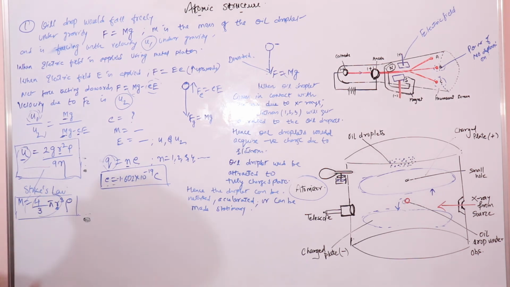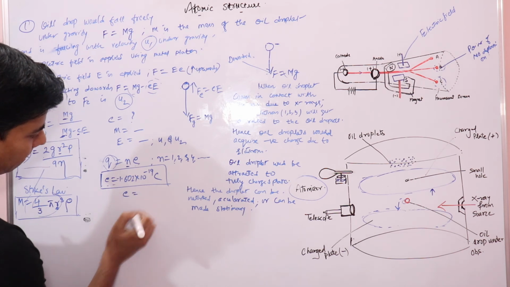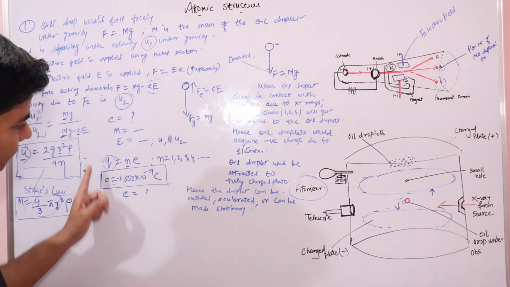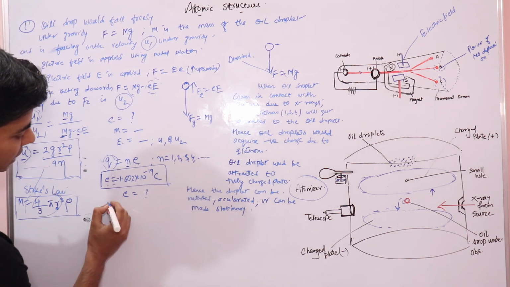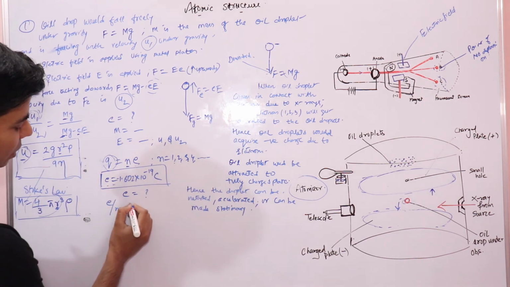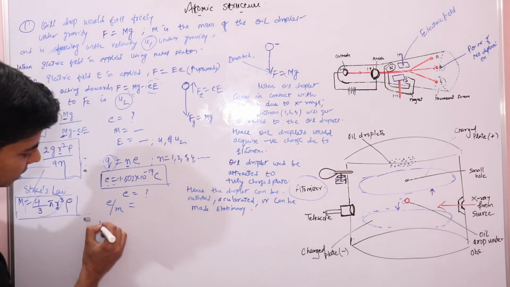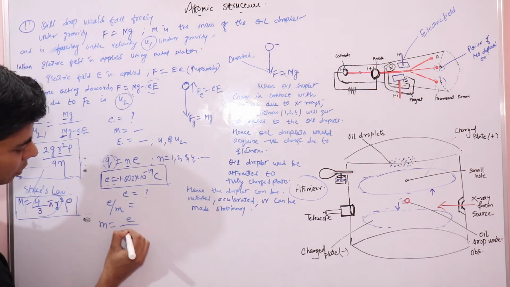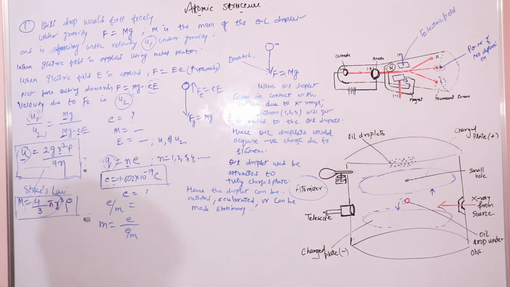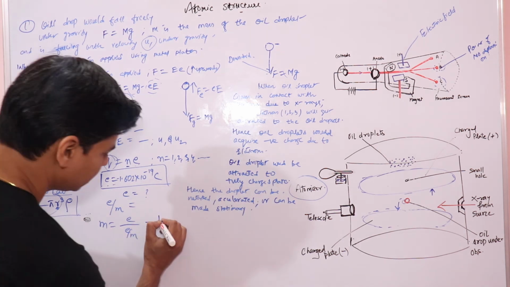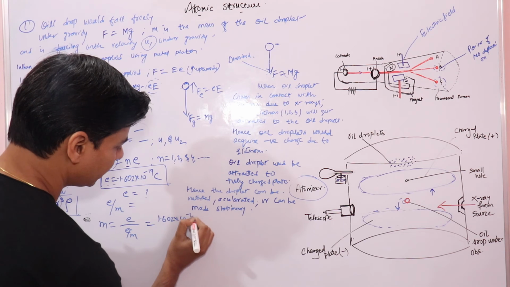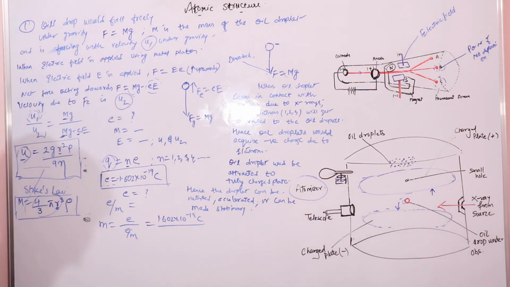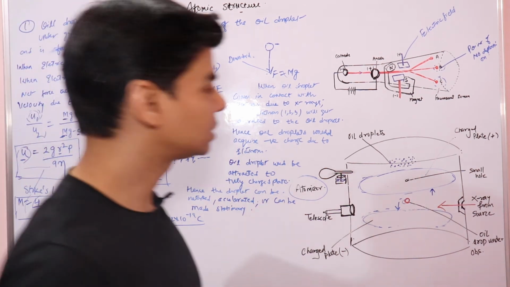So here you have now the value of charge e, right? Charge can be calculated using Millikan's oil drop experiment, and using Thomson's experiment you have the value of e upon m. So mass can be calculated from e upon m, right? We know that e is 1.602 into 10 to the power of minus 19 coulomb, and e upon m we have calculated in the previous lecture.